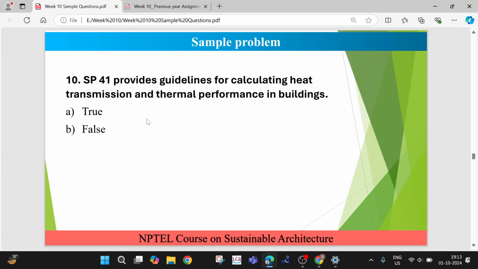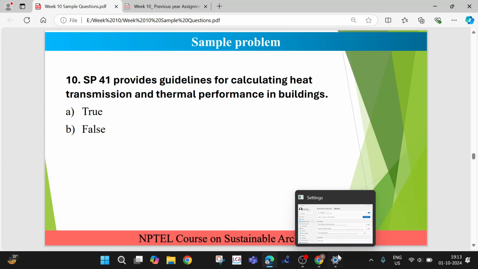All of you can open slide number 27, where the key contents about SP41 were discussed. From there you can answer it.